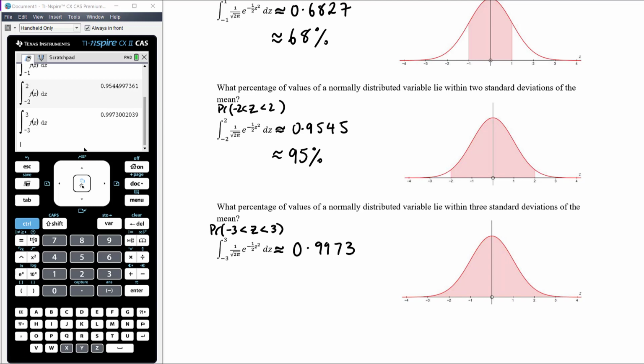Now, the other two values we rounded to the nearest percent. The problem here is that if we rounded to the nearest percent, we'd be saying 100% of the distribution lies within 3 standard deviations of the mean. And it's never going to be 100%. The PDF goes on and on forever to infinity, so we approximate this value to 1 decimal place, which is going to be 99.7% of the distribution.